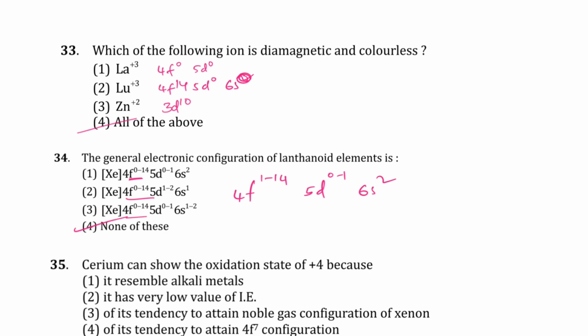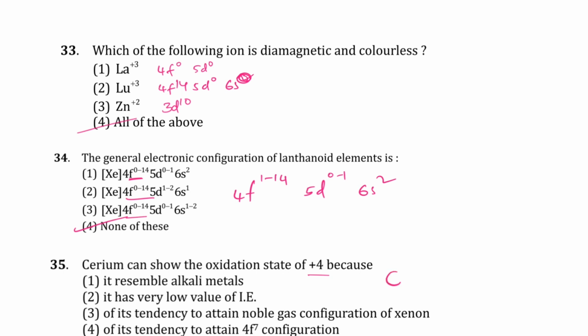Cerium can show the oxidation state plus 4 because of its tendency to attain the noble gas configuration of xenon.